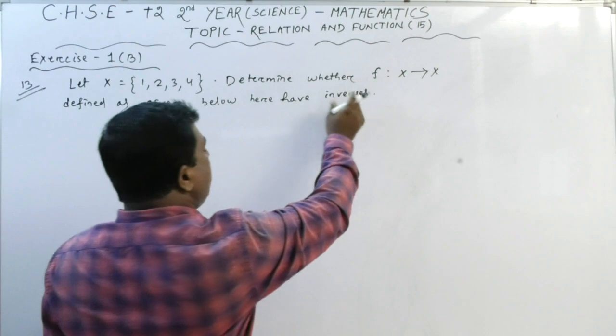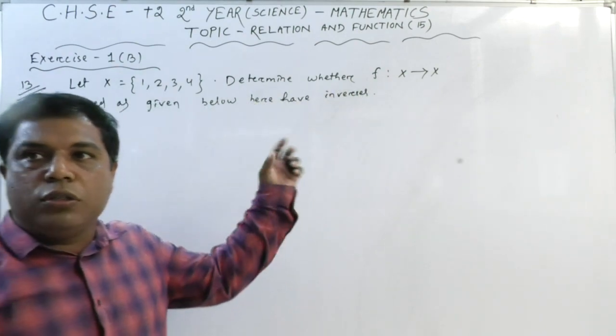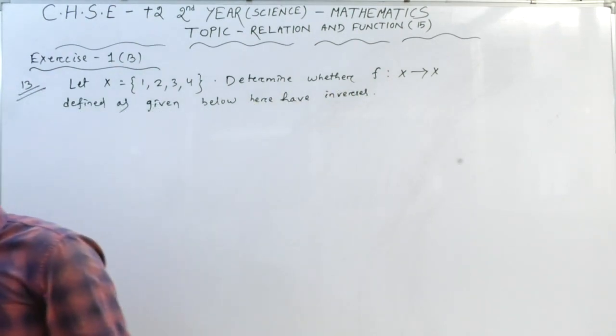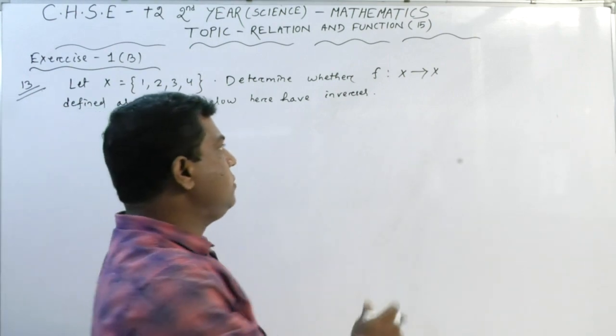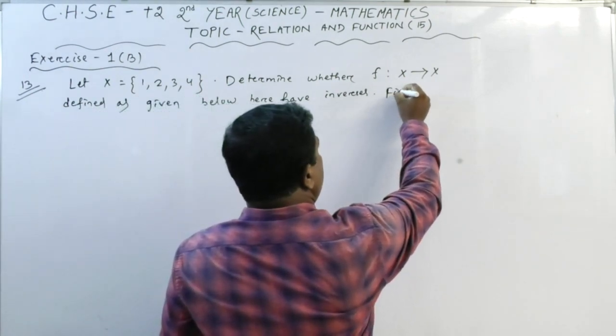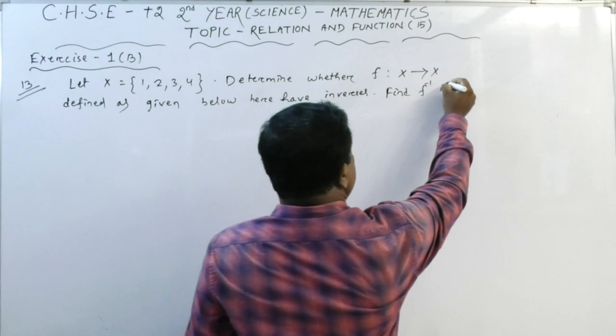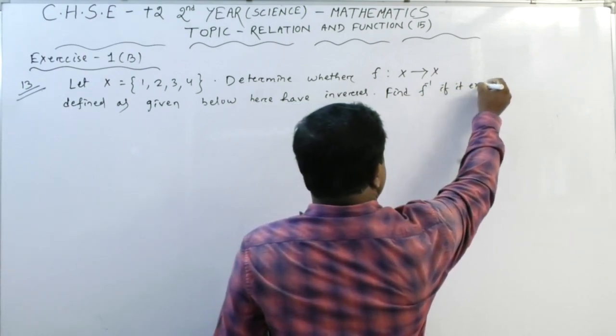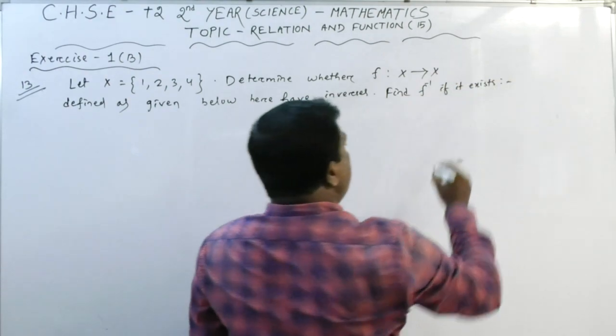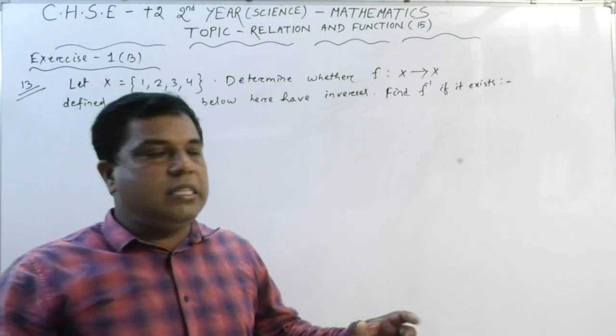So we have to find whether they have an inverse or not. Then it is given, find f inverse if it exists.